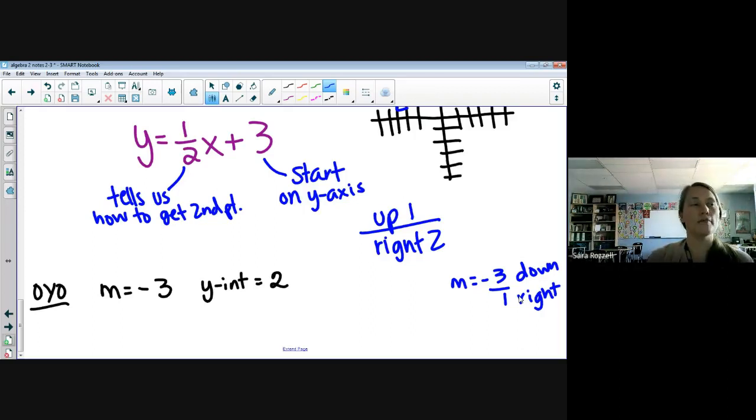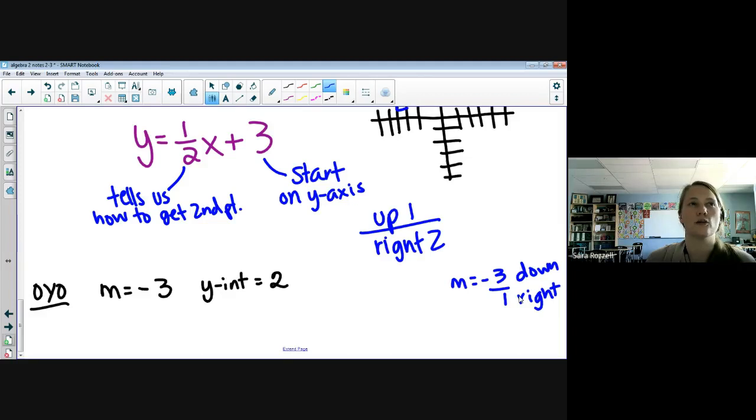Madison, thank you. Good job. Make sure you're writing the equation too. So write the equation and then graph it. Brayden, good job.